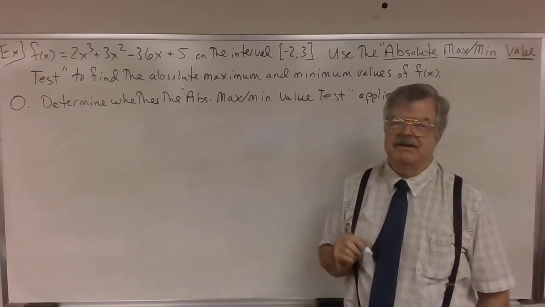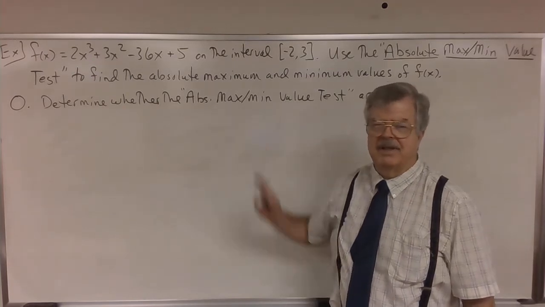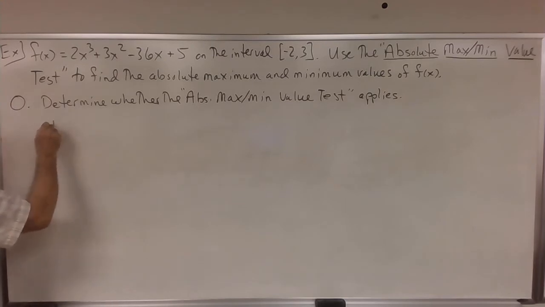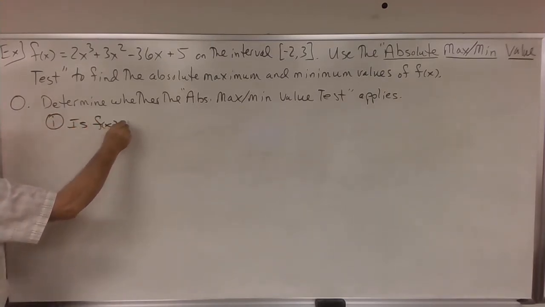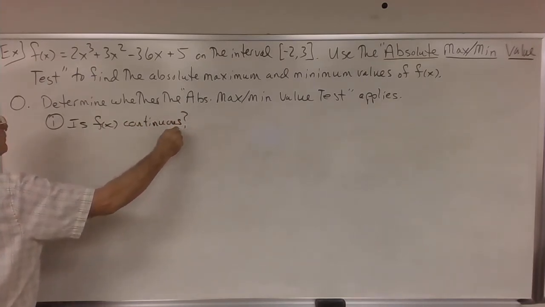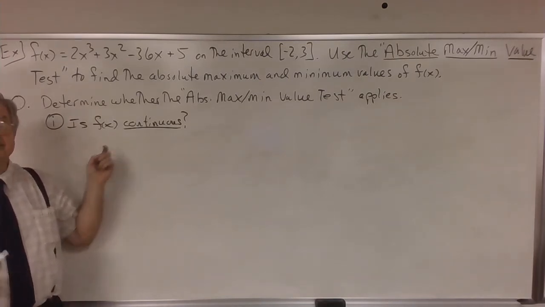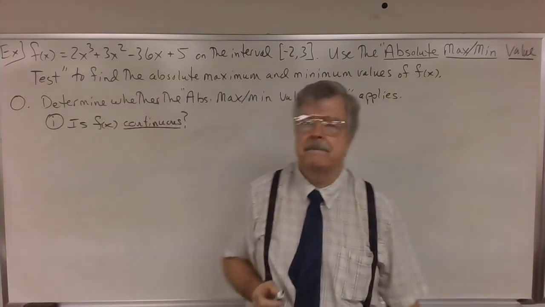There are three conditions that have to be satisfied in order for this test to apply. The first thing is, is f of x continuous? Is it continuous? If it is, how do we know?